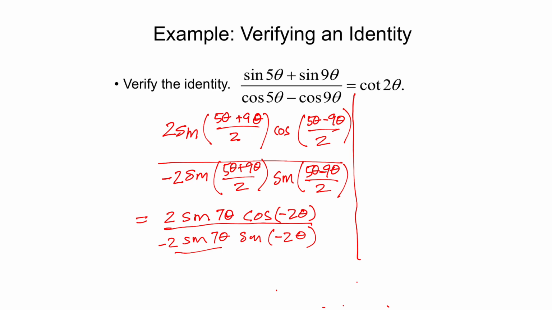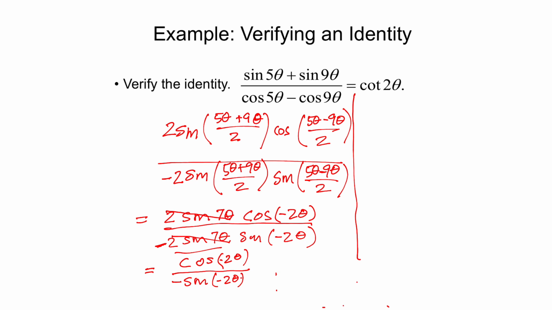These are basically the same, 2 times the sine of something. So now don't forget about the negative we have here. But cosine and sine, of course, are not the same. So we take the negative. We have cosine of negative 2 theta on top over the negative sine of negative 2 theta.